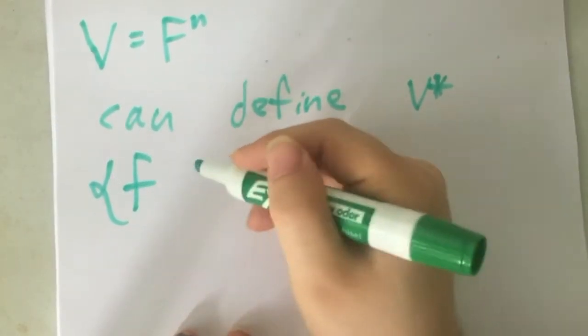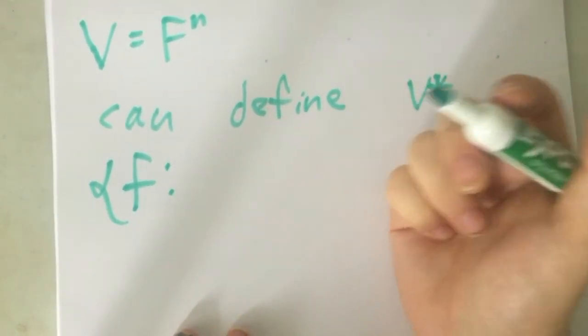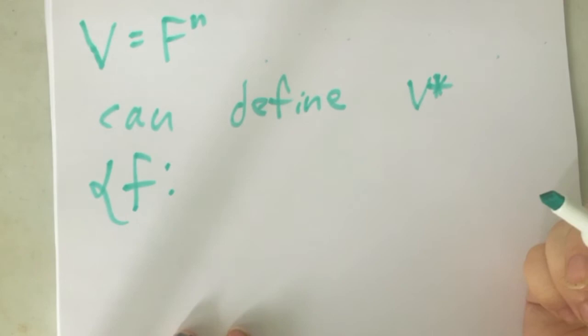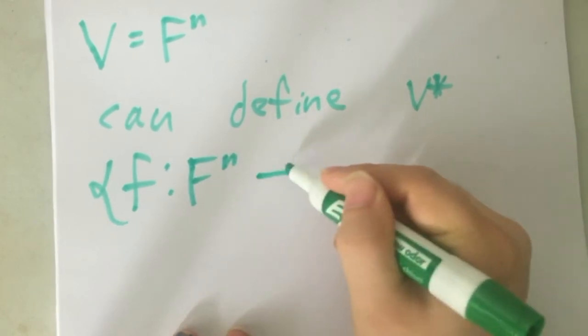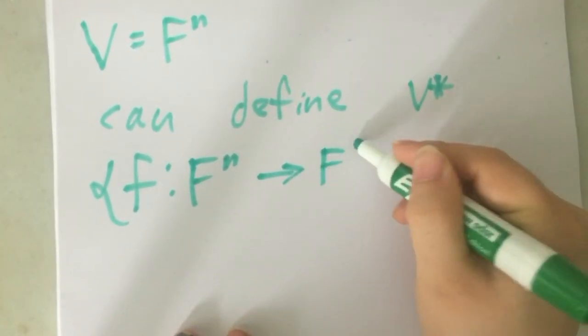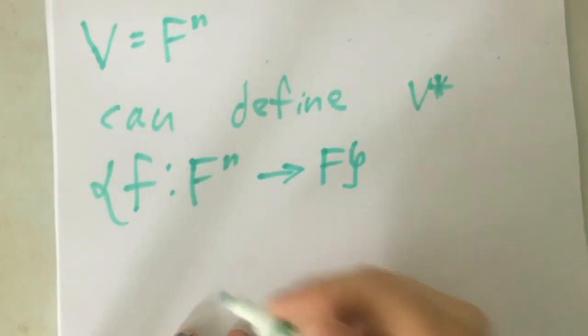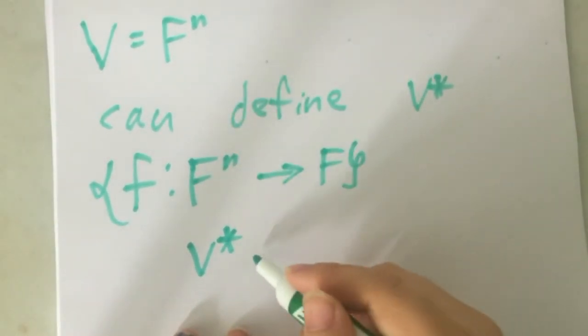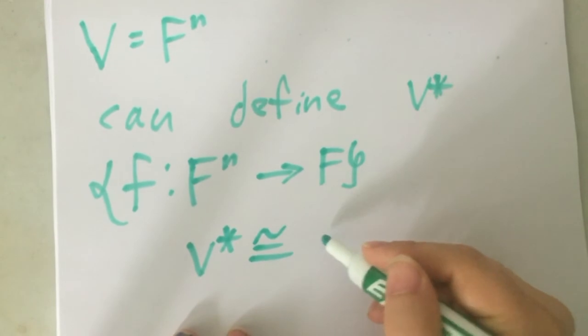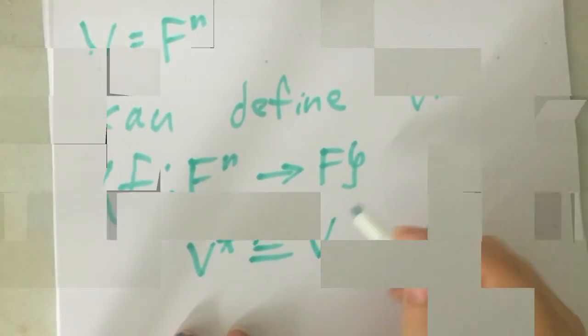F means functions, but I'm looking specifically at the linear ones, from F^n into F. And in general, at least for finite vector spaces, which this is because there's an n there, V star is isomorphic to V.